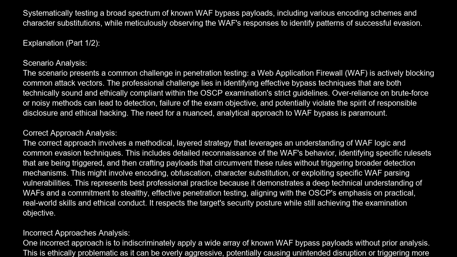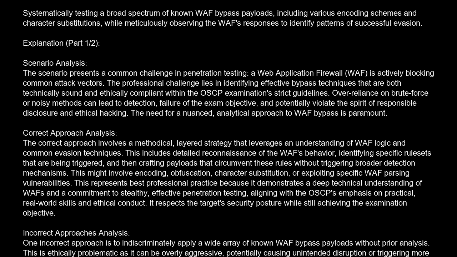Correct approach analysis. The correct approach involves a methodical, layered strategy that leverages an understanding of WAF logic and common evasion techniques. This includes detailed reconnaissance of the WAF's behavior, identifying specific rule sets that are being triggered, and then crafting payloads that circumvent these rules without triggering broader detection mechanisms.